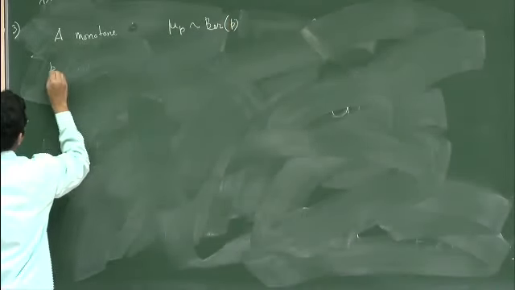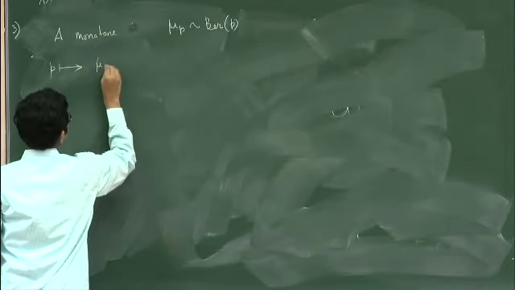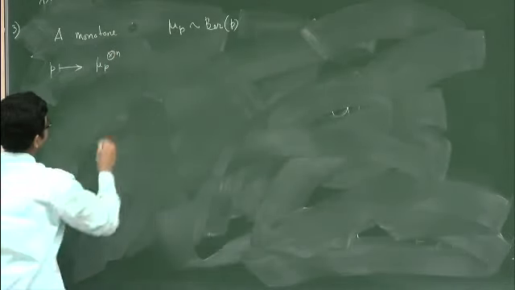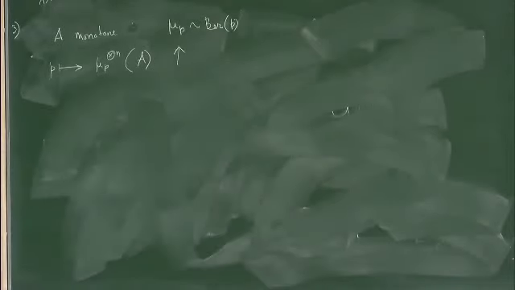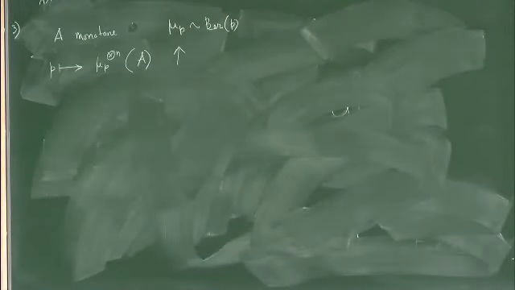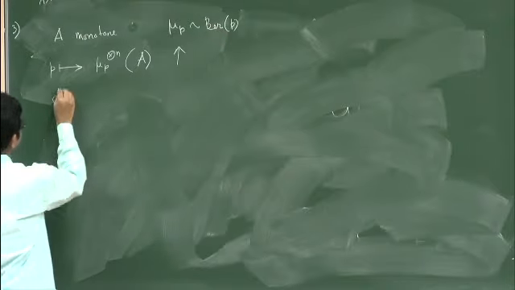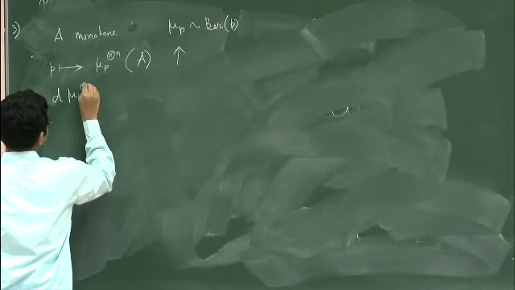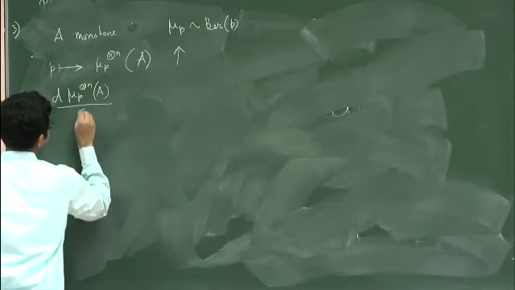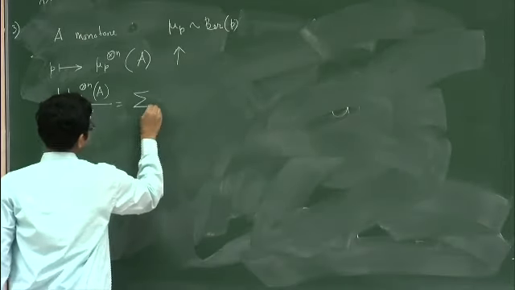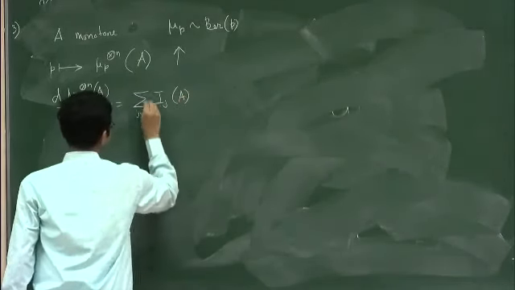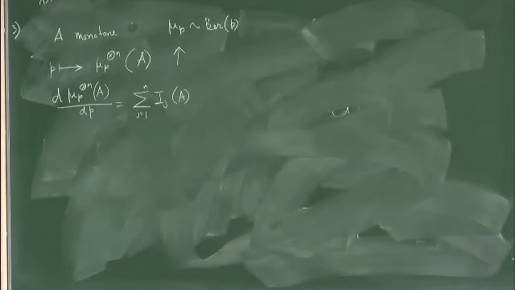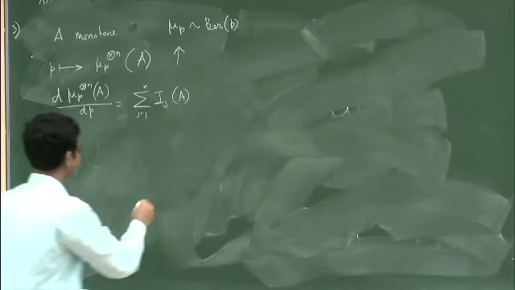Now this map p goes to mu p of A is always increasing. This is easy to see if A is increasing. Now, if we take the derivative of this map with respect to p, then we get back the sum of the influences. Actually, this proof is very easy and probably an exercise, but this is called Russo's lemma.